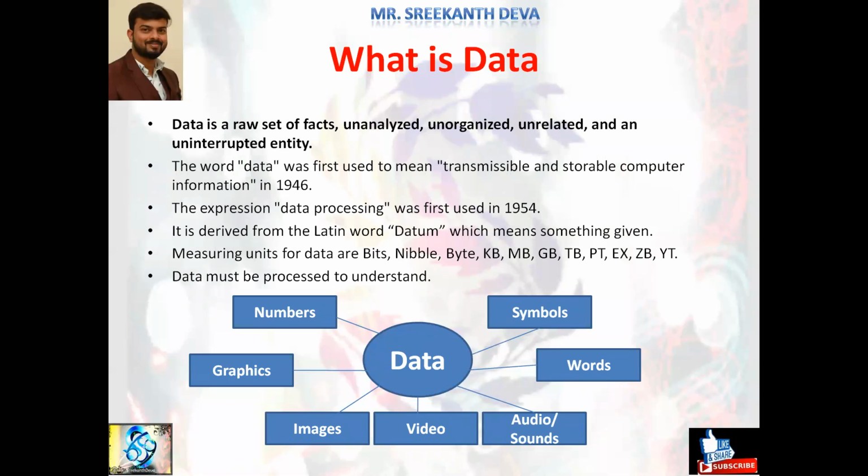Don't worry about this, I will elaborate on it. The word data was first used to mean transmissible and storable computer information in 1946. The expression data processing was first used in 1954. It is derived from the Latin word datum, which means something given.